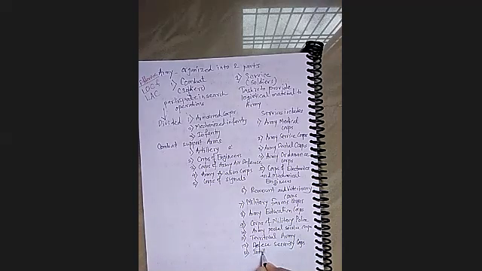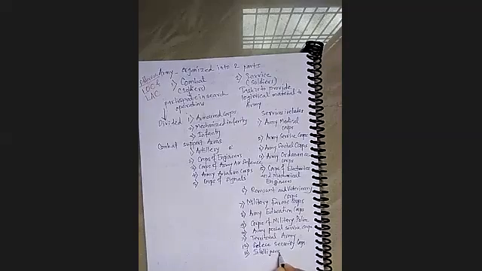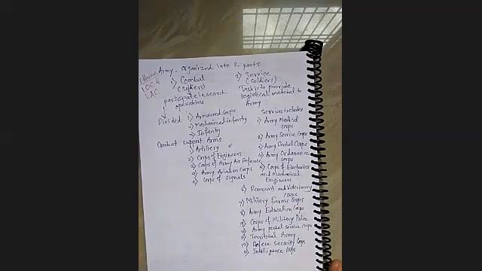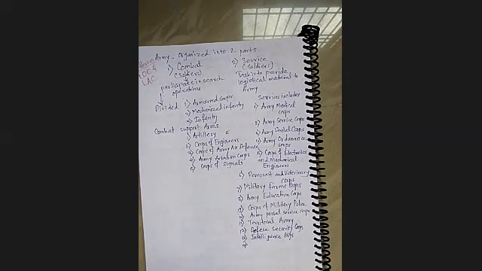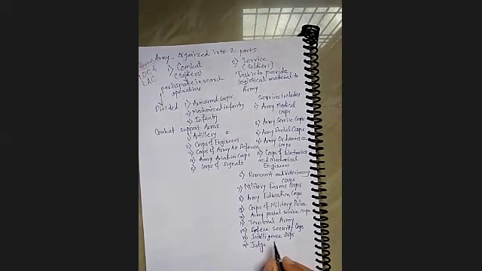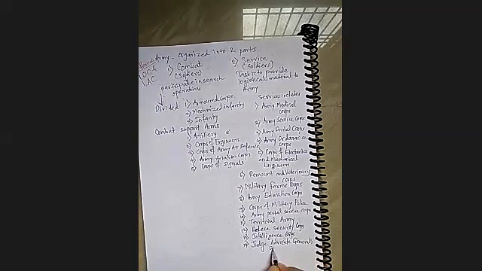Most important, the Intelligence Corps is also part of the services. Sometimes in movies you must have seen court judges and lawyers. For that they have a separate corps called the Judge Advocate General's department.